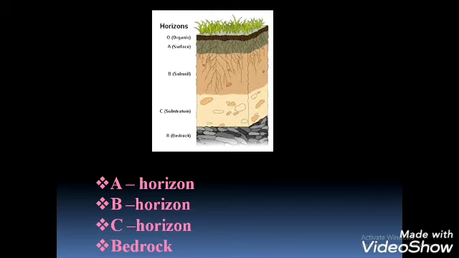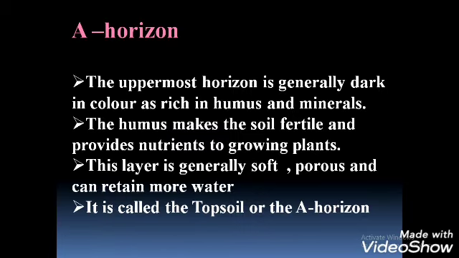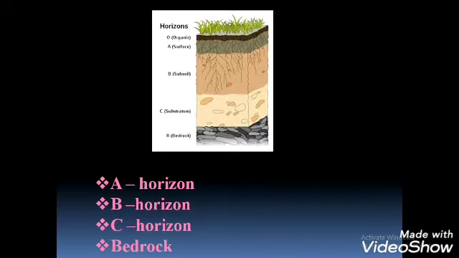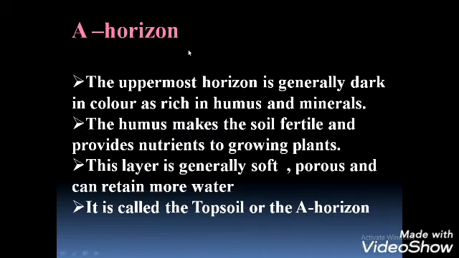discuss it in detail. First one, A horizon. Yes, it is the surface horizon. Okay, the uppermost horizon is generally dark in color as it is rich in humus and minerals. What do you mean by humus?